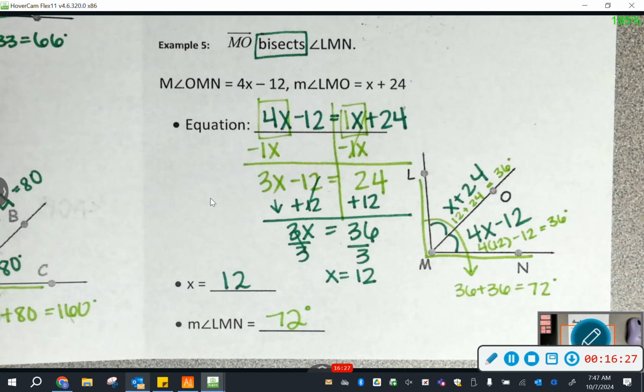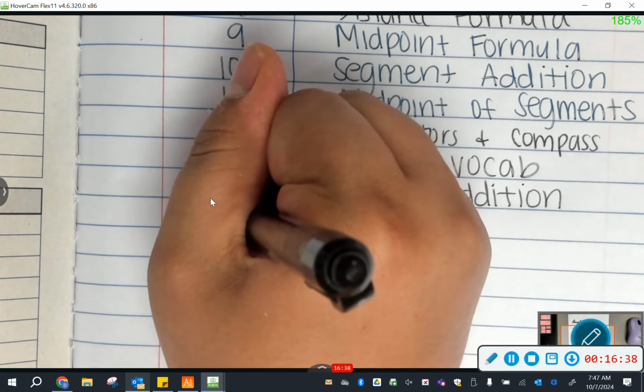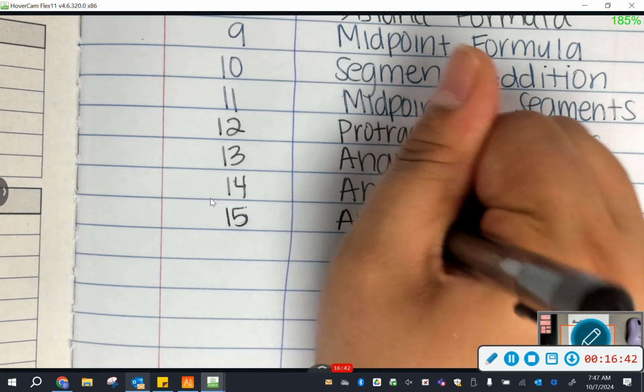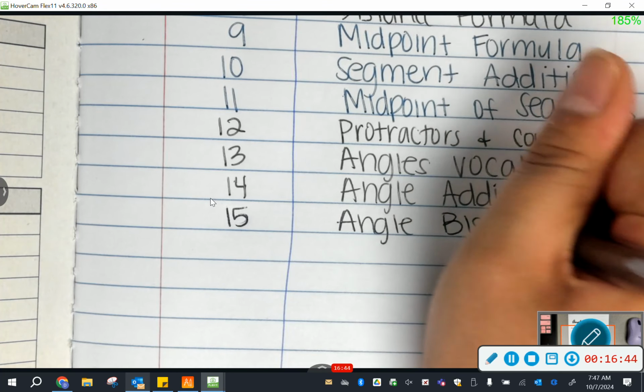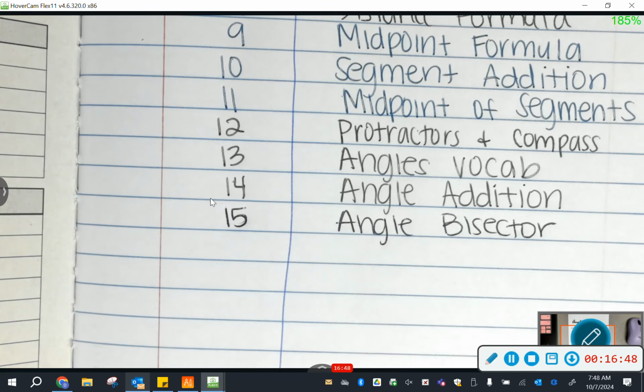All right, if you can please open up to your table of contents. Did everybody get that written down? Open up to your table of contents. We are going to add in page 15. Title it Angle Bisector. And I'll bring you some glue.